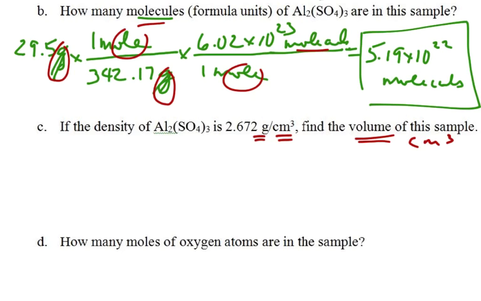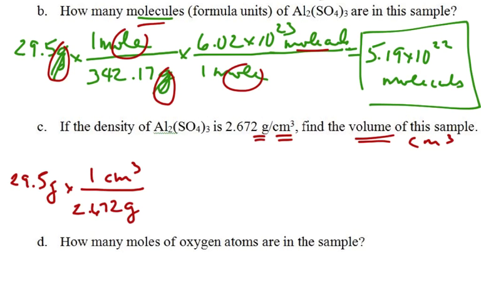So I'm going to try to start somewhere and get to my volume. Well, I'm still talking about the same little sample, so I can start down here with 29.5 grams, and I need grams down here. So what do I know? I see they just gave me 2.672 grams. Now that's not how many grams in a mole, that's how many grams in 1 cubic centimeter.